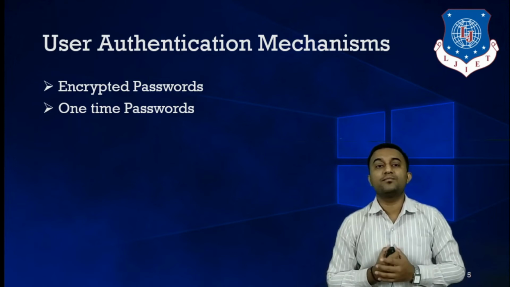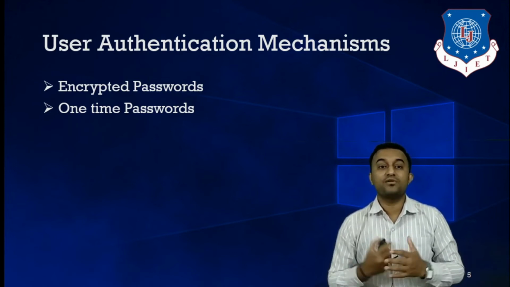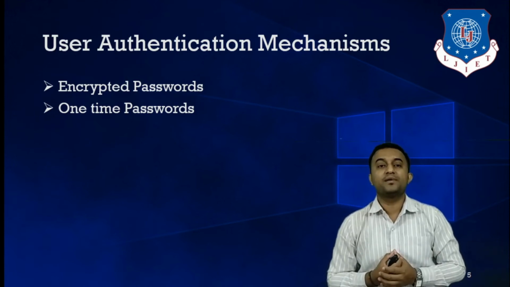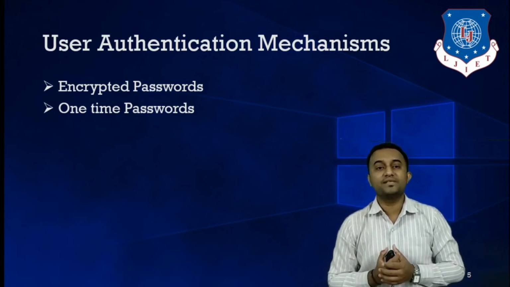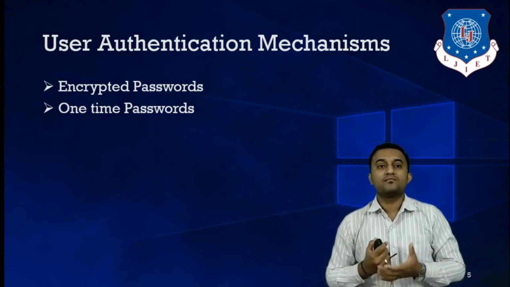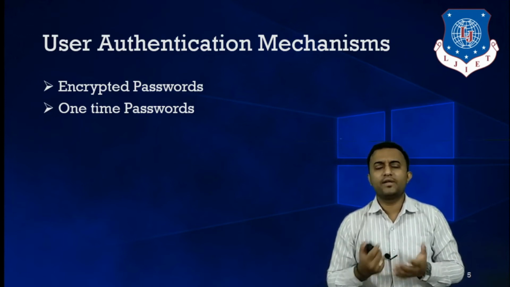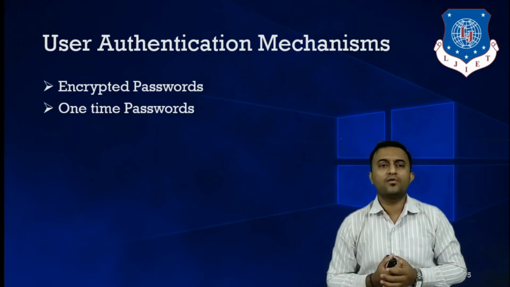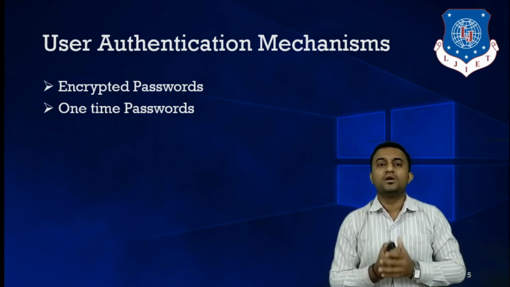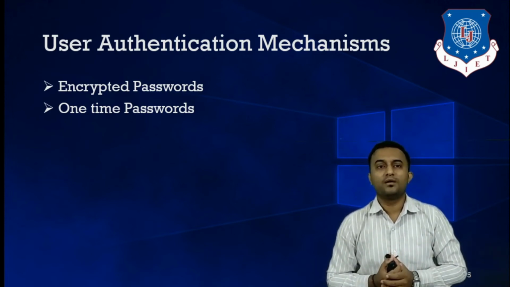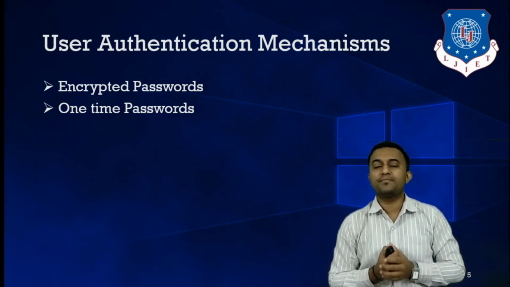Second is the one-time password. The one-time password strategy is more secure as compared to the simple password-based mechanism. Why? Because you know very well, in daily online transactions you are using OTP. OTP stands for one-time password.